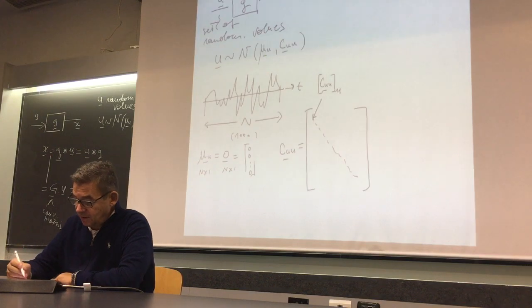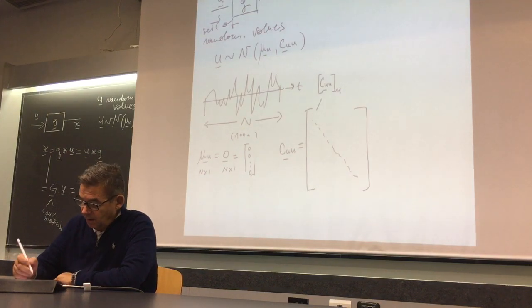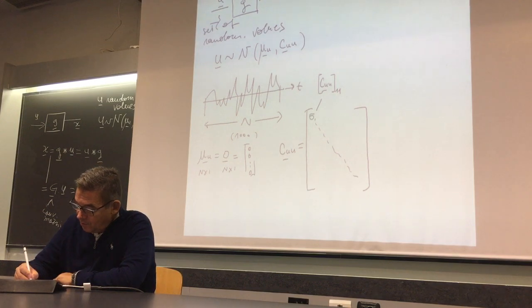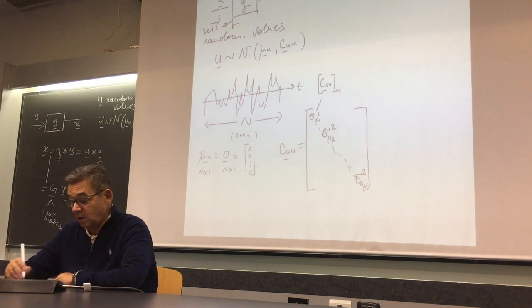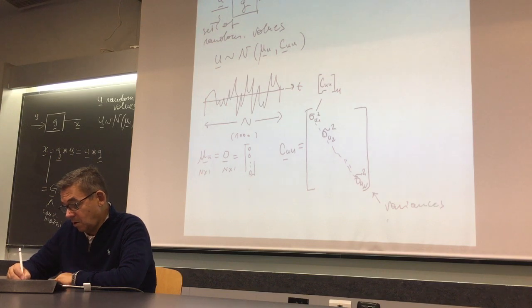So the entries along the diagonal are sigma_u1 squared, sigma_u2 squared, and so on until sigma_un squared. Along the diagonal, I read the variances of n entries.